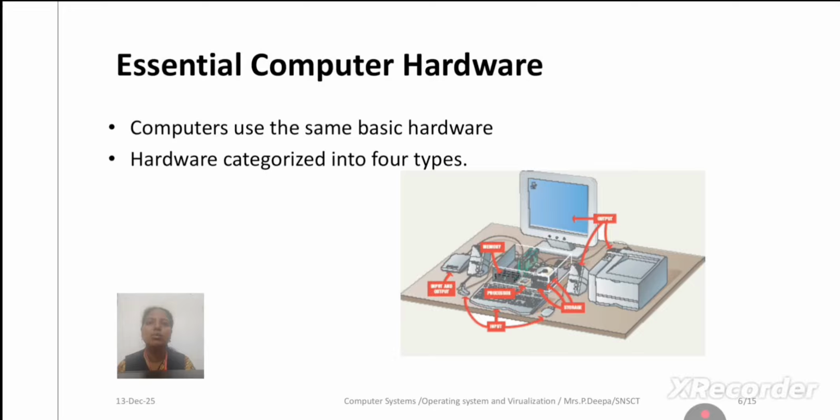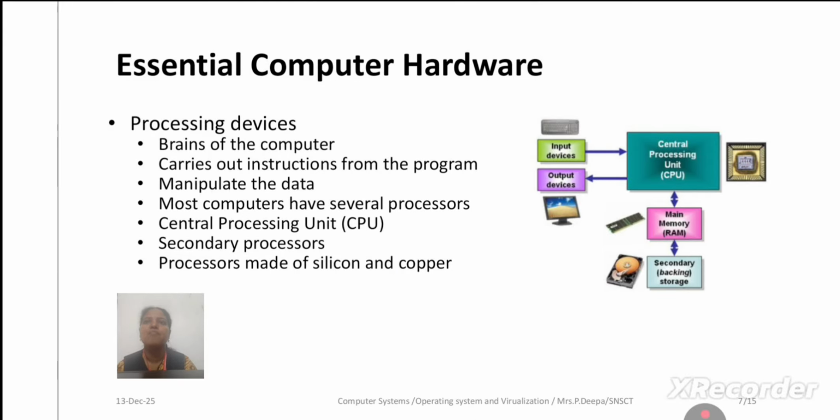The CPU, which consists of the control unit and the arithmetic logic unit, performs the processing tasks. Output devices like a monitor and printer display the results. Storage devices such as the hard disk, SSD, and RAM store data temporarily or permanently. Together, these hardware components form the backbone of the computer system.